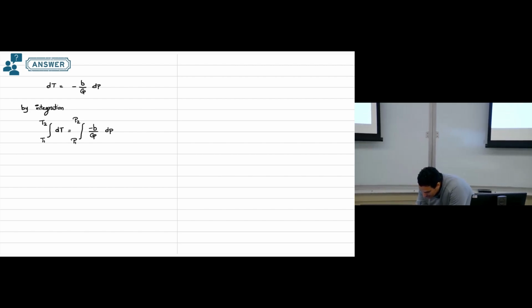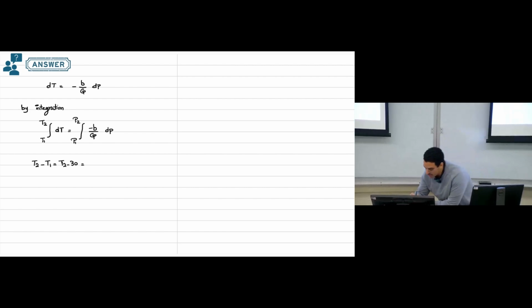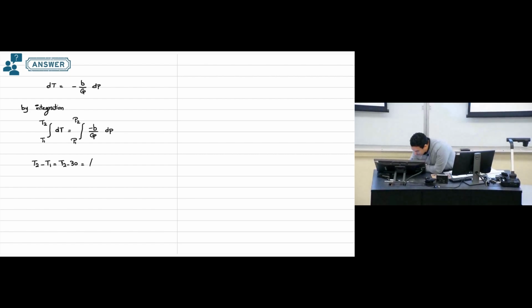The left side will be T2 minus T1, which is T2 minus 30. B is constant and Cp is constant, so they will be taken out of the integration, giving minus B over Cp times P2 minus P1.